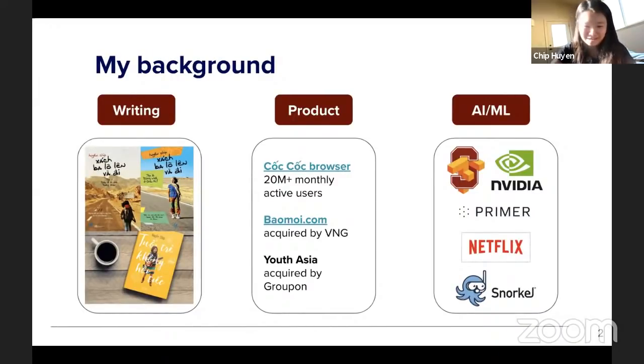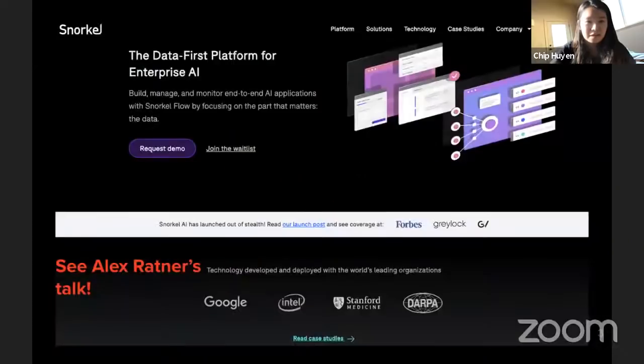Please don't hate me for calling it a hype. So I joined some CS courses and some AI courses. And wow, this is super fun. So I switched to AI. And I did some product and some AI stuff. Currently I am with Snorkel, which is an end-to-end platform for building AI applications.